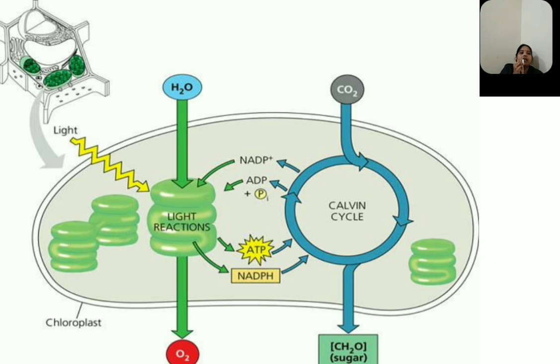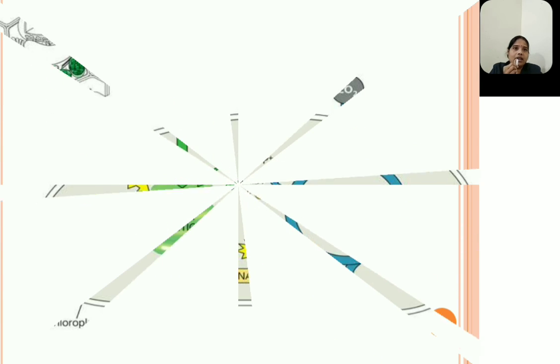So ADP and NADP get recharged to form ATP and NADPH to continue the fixation of carbon dioxide and formation of carbohydrate in the dark reaction. So these two phases, the dark reaction and the light reaction, show the interdependence of light and dark reaction.